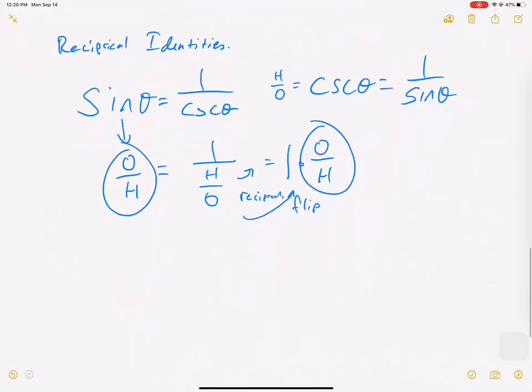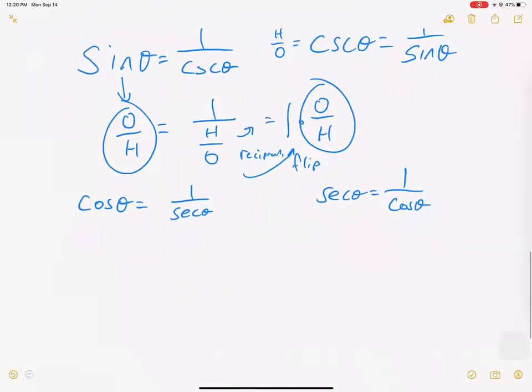Let's look at the rest of them really quickly. Cosine of theta is 1 over secant theta. Secant of theta is the same as 1 over, not sine, cosine. And tangent is 1 over cotangent, and cotangent is 1 over tangent.